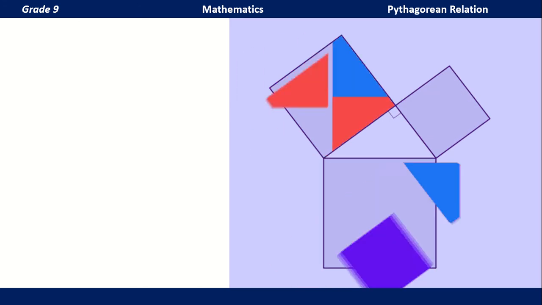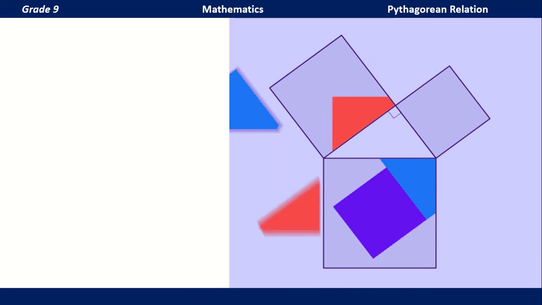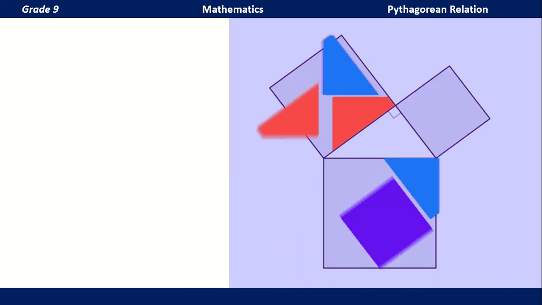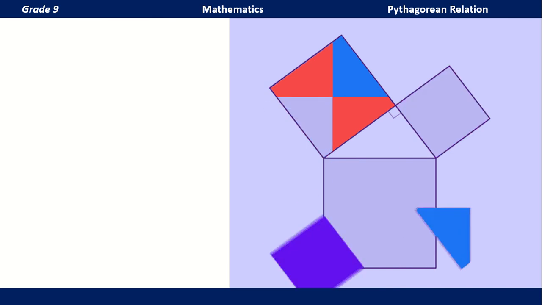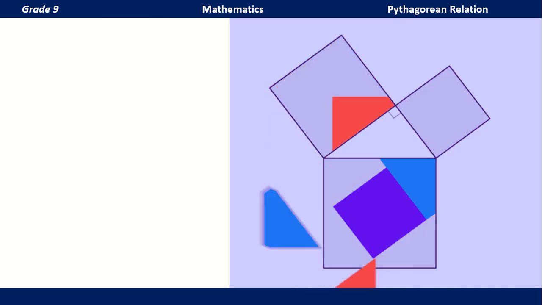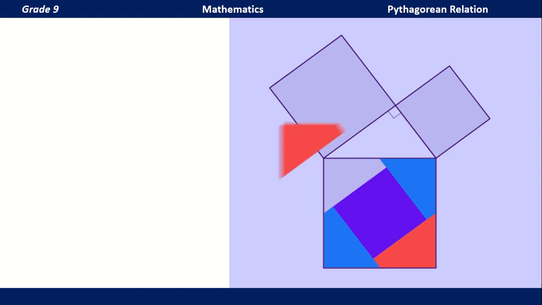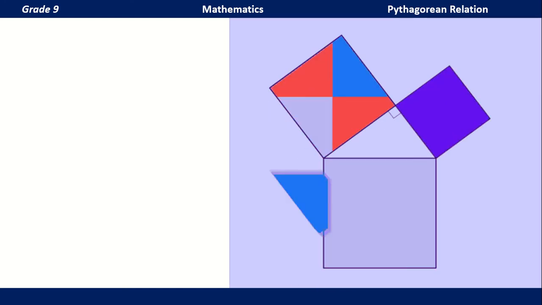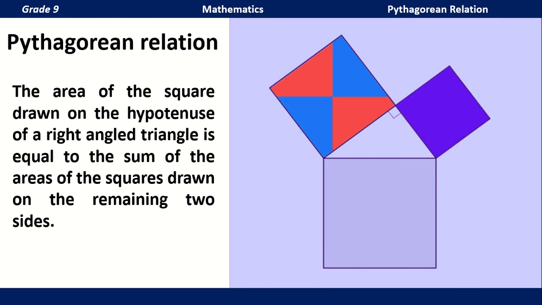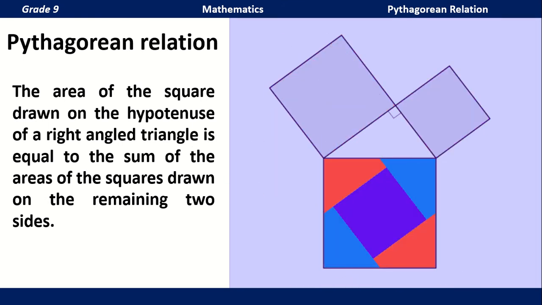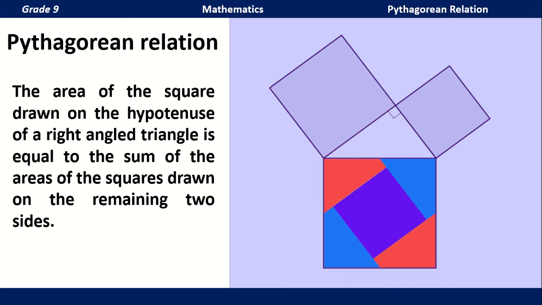And you may see that the area of the square drawn on the hypotenuse has been separated into a few parts, and those parts can totally cover the area of the other two squares drawn on the sides that include the right angle. Okay, now let's see what it is. Actually, this is the exact relationship introduced by Pythagoras.